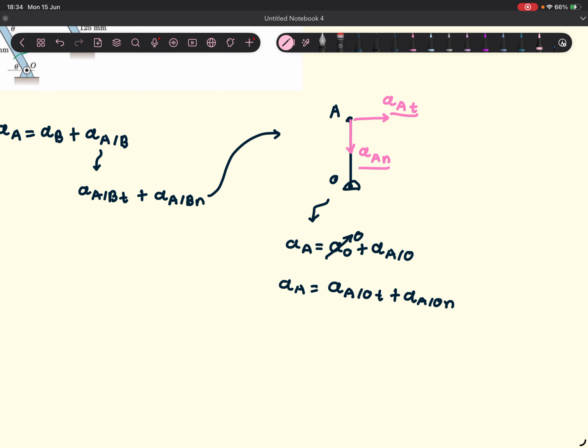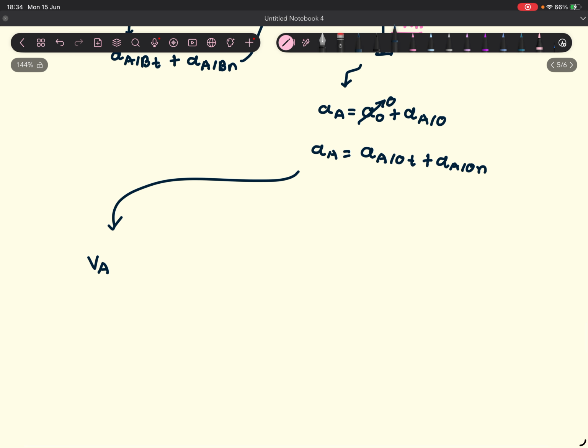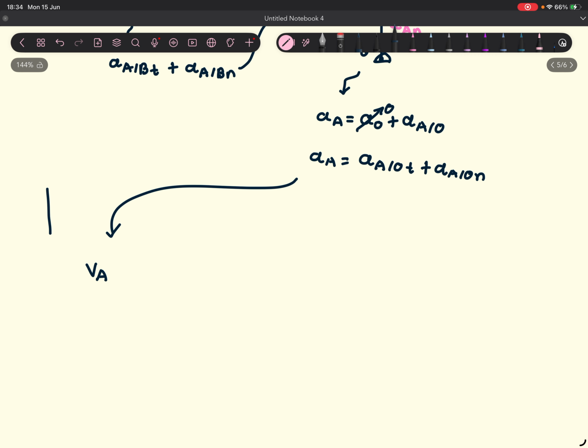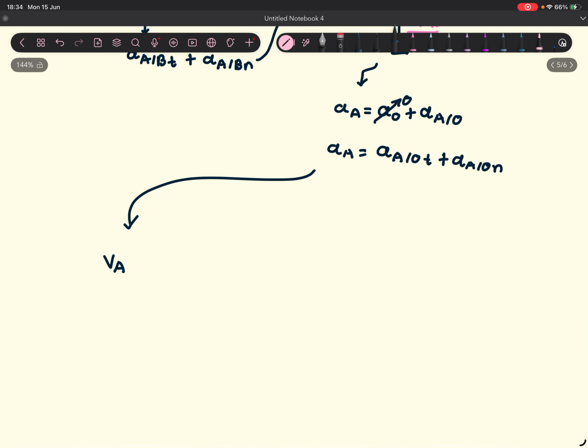So if you remember from relative velocity, let's say we had another fixed axis rotation case, and I'm just going to use the same example. We have VA is equal to VO plus VA relative to O, where VO is 0.